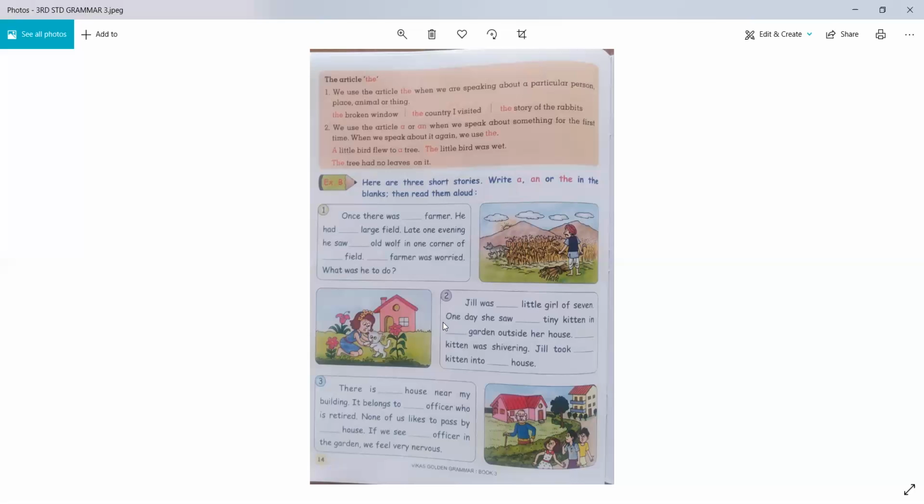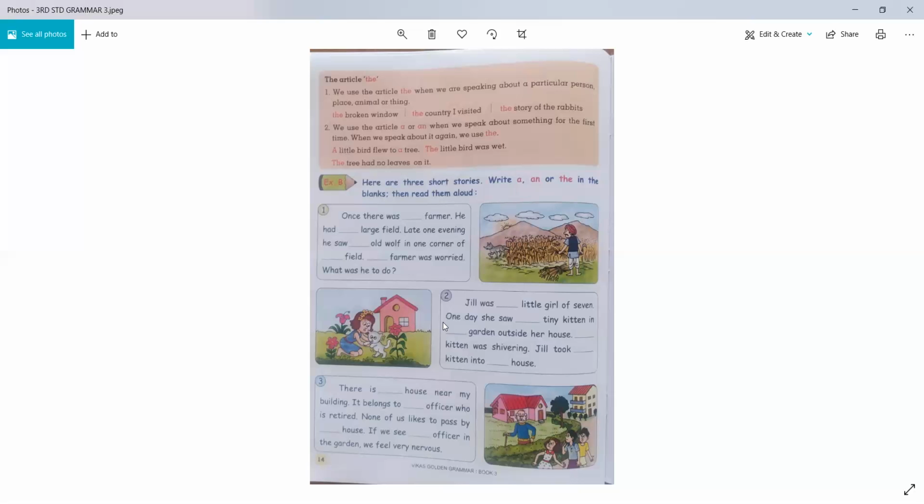There is a house near my building. It belongs to an officer. Officer, the word starts with a vowel sound. It belongs to an officer who is retired.